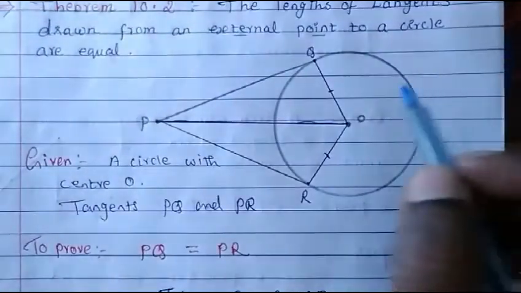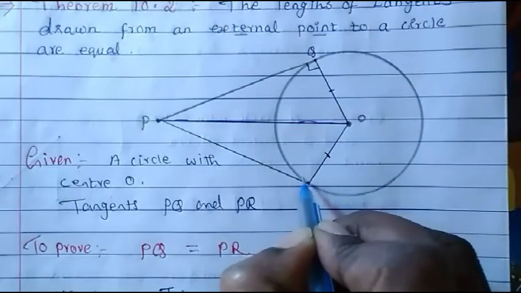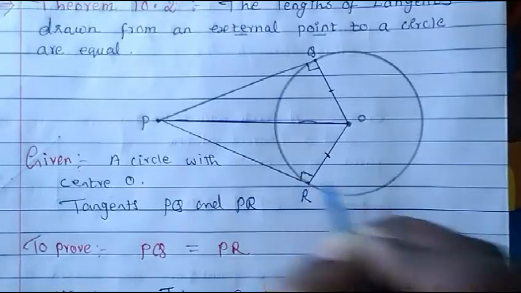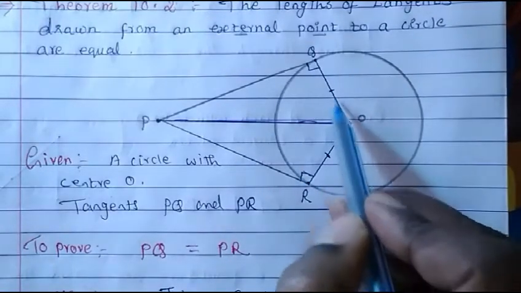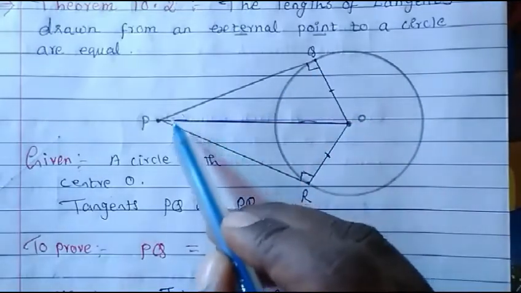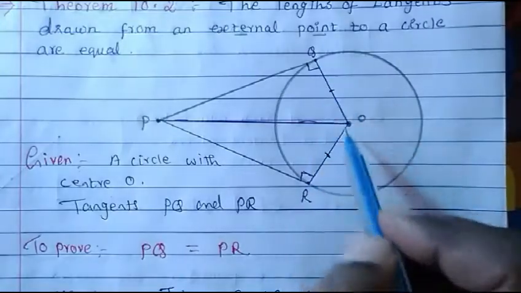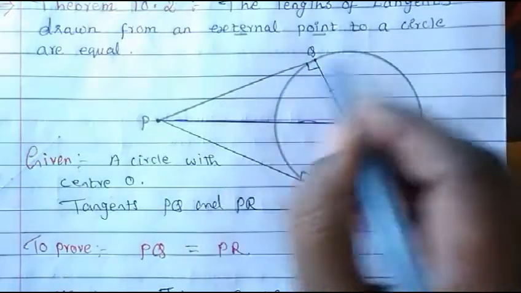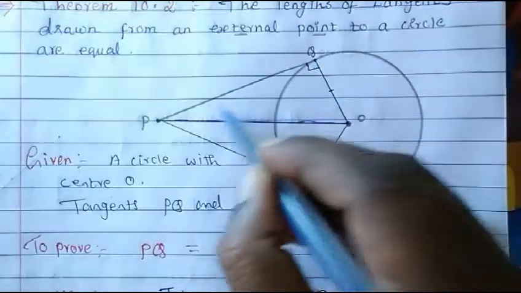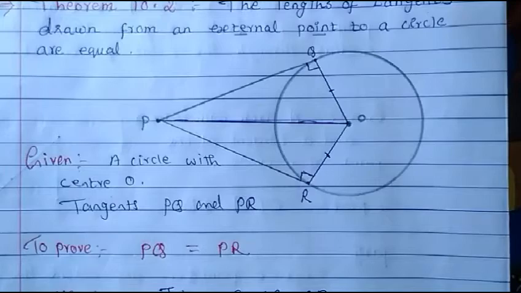Then what else can we say? Can we say this is 90 degrees and this also is 90 degrees? Theorem 10.1 we have studied: the radius to the tangent at the point of contact is perpendicular. So if OQ is perpendicular to the tangent PQ, then this will be 90 degrees.